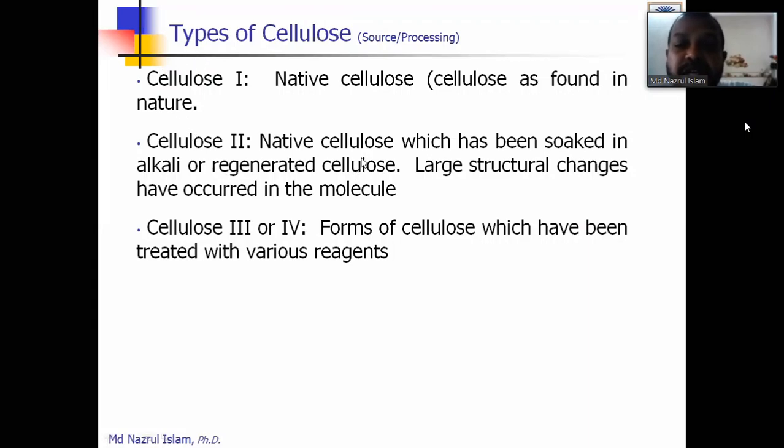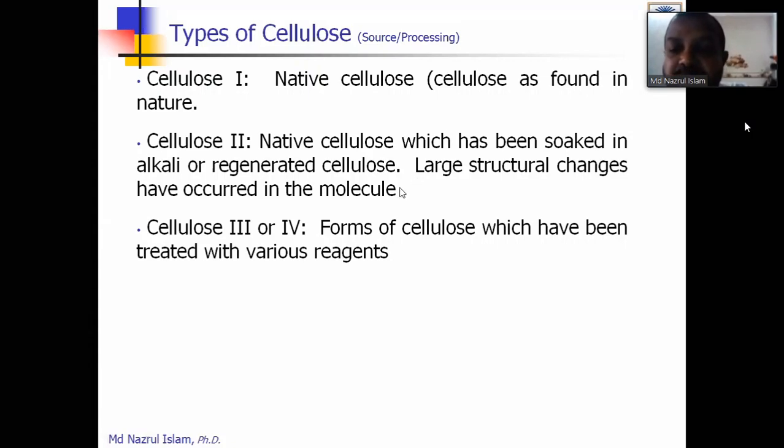Cellulose II is the native cellulose that has been soaked in alkali, or regenerated cellulose. You treat it with alkali or some other things, so it has some modification, and we say that is cellulose type II. Cellulose III and IV form from cellulose that has been treated with various reagents.